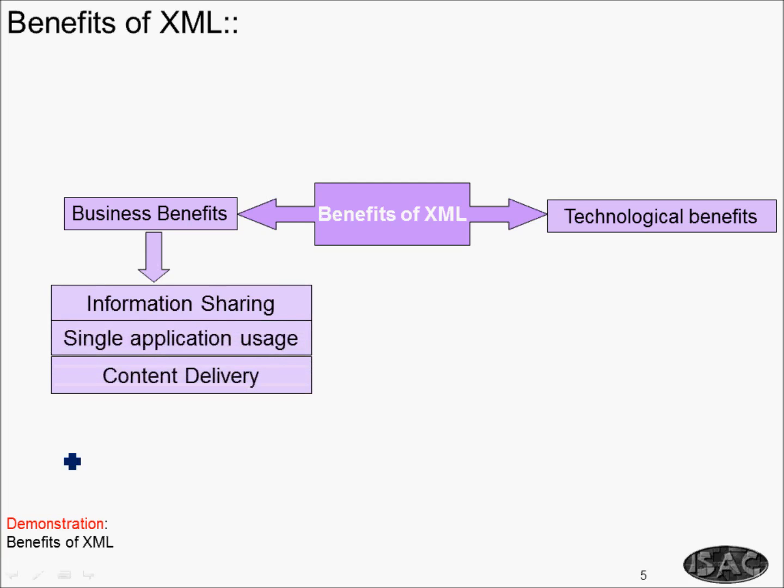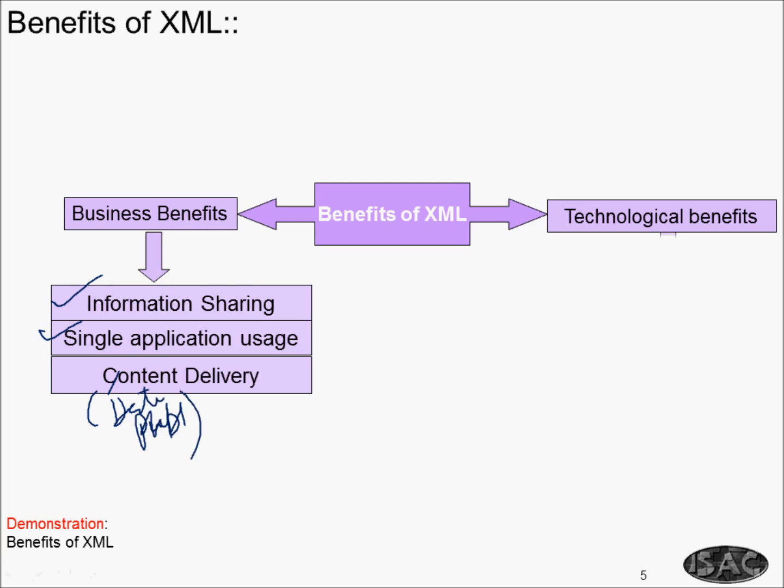Business benefits are that it is very easy to share the information because it is in a simple file, and files have data which are tagged with some description like book, name, salary. That is what we call information sharing. Then single application usage: you don't need multiple applications to talk to each other to understand the XML. And then content delivery. This is data which is used for publishing to various places.